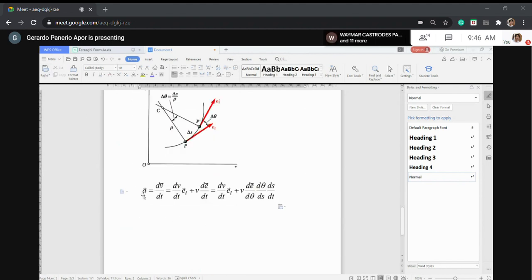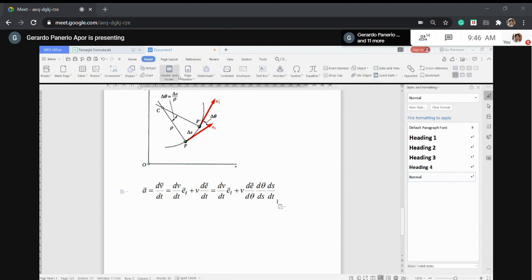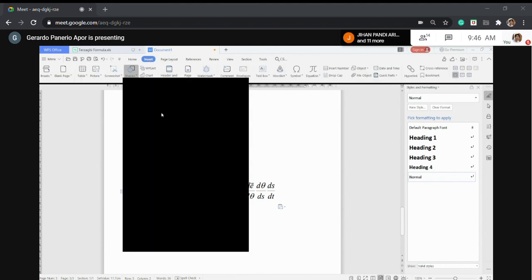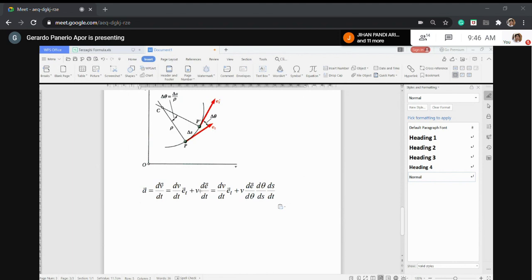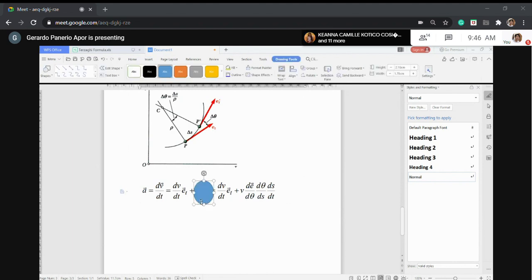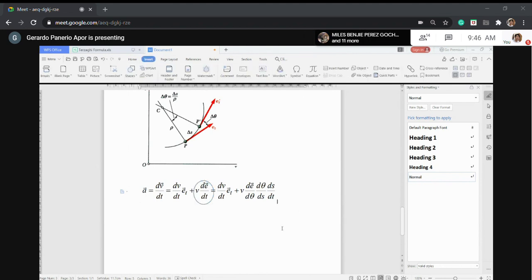So from that, the acceleration equals dv dt et plus v det dt, which is equal to dv dt et plus v times, actually, he used the chain rule here.